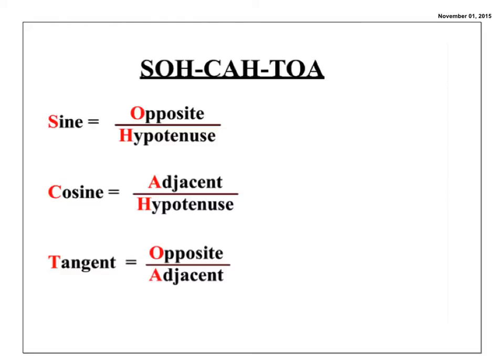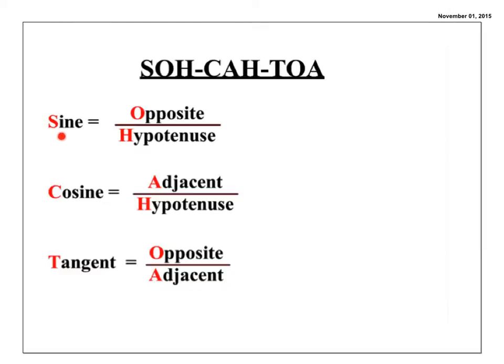What SOHCAHTOA stands for are the first letters of the side measures for each one of our trig ratios. We have 3 trig ratios: sine, cosine, and tangent, and those have certain sides associated with them. A ratio is a fraction, so that's why all 3 of these are written as fractions.